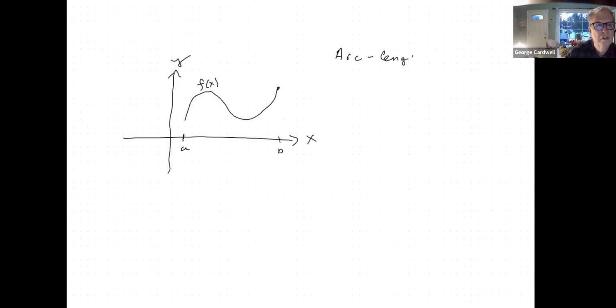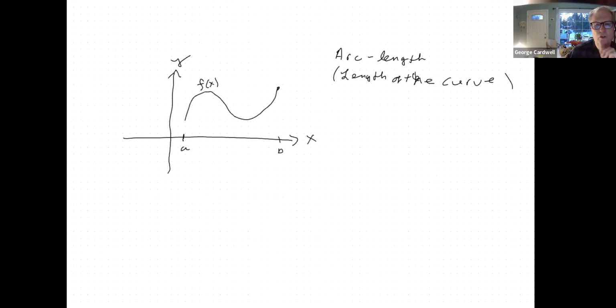So arc length, or you could say length of the curve. The length of the curve means if I was to start at A, f of A, and follow the curve like a road, what distance did I travel?